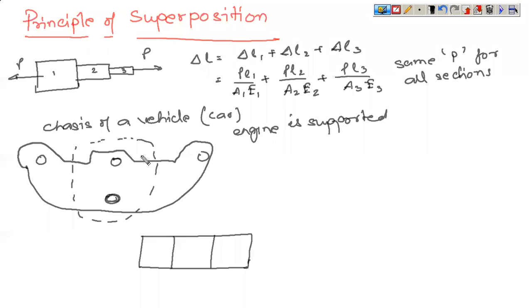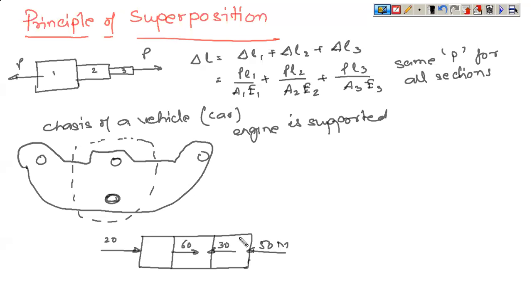The purpose of telling you this was to make you understand that you can have a system which is arranged in series, but it carries different loads at different points. So let us say this is some load 20 here, this is some load 60 here, this is some load 30 here, and this is some load 50 Newton.